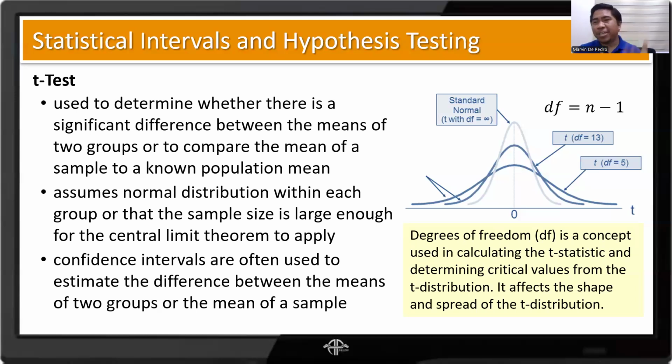For each degree of freedom, we have a certain t-score or set of t-scores. The t-score depends on the degrees of freedom, meaning it depends on the sample size, whereas in the z-test we are not concerned with the sample size anymore. Here, sample size is a big concern.